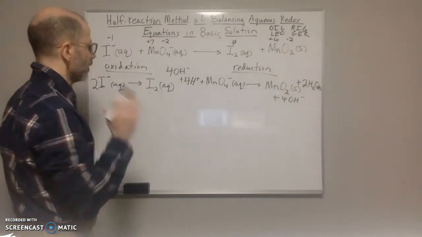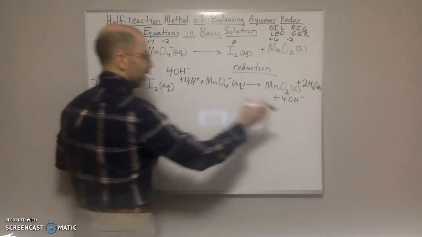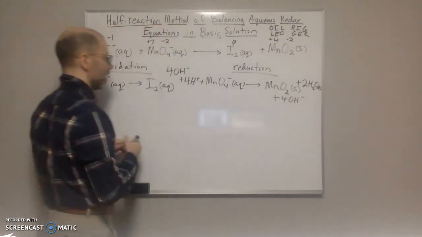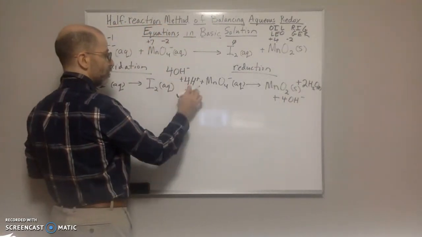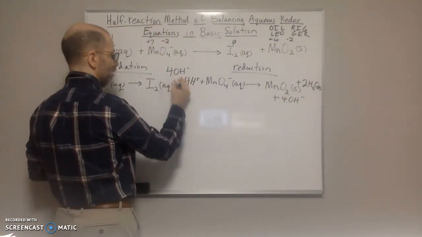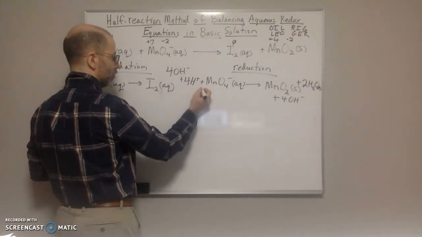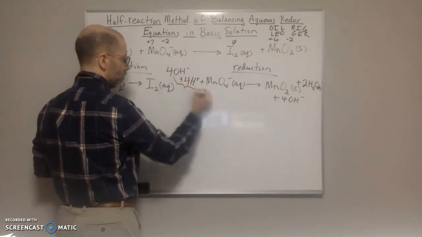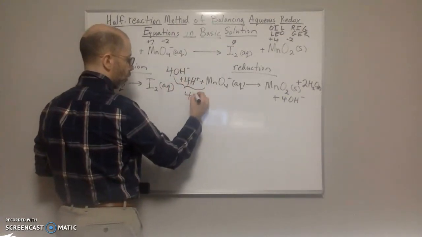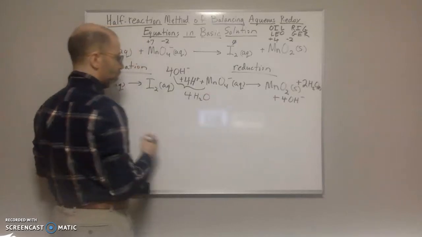All right, so now that everything's balanced, here we have our 4 hydroxide and 4 hydrogen ions. So these are just going to make 4 H2O.